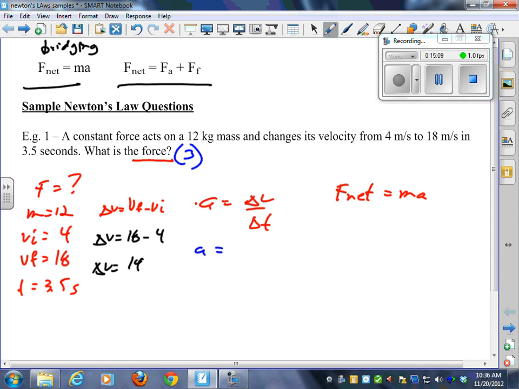So A is equal to 14 over my time, 3.5. 14 divided by 3.5. 3.5 times 2 is 7, and the 14 should be 4. And now that 4 will go in there for that A. Twelve is my mass, my acceleration is 4, and I get 48 newtons.